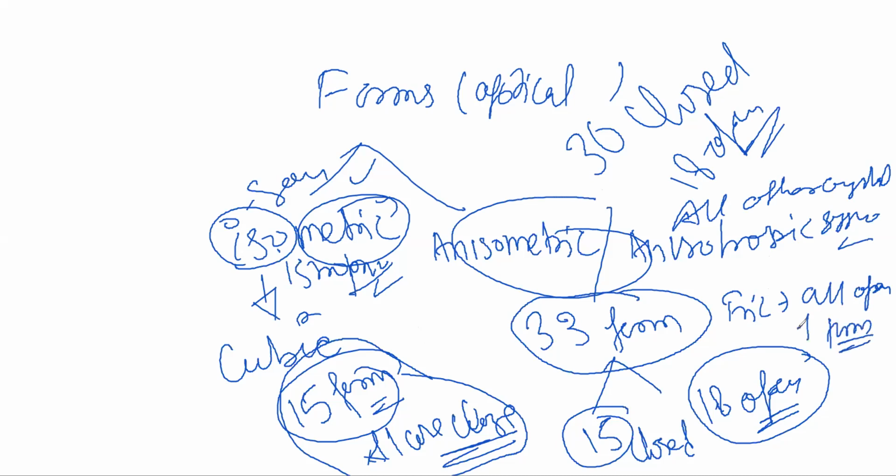This is again a star point which you have to remember. Getting my point or not? In anisotropic forms, there are 33 forms. And if we take triclinic separately, all forms of the triclinic system are open. So these were the classification of forms on the basis of the optical property.